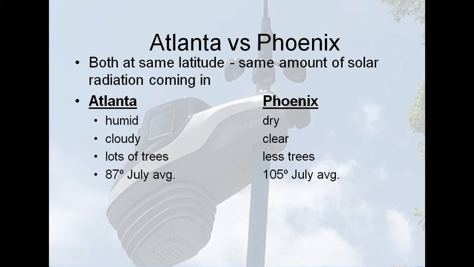Temperatures are cooled to the dew point, and that can create saturation and create clouds. So now you've got more clouds. In Phoenix, you don't have that. It's dry, it's clear, there are fewer trees, and your average is 105 degrees. So that shows two different surfaces, two different types of soils, and how that affects the maximum temperatures and average maximum temperatures at the same latitude.